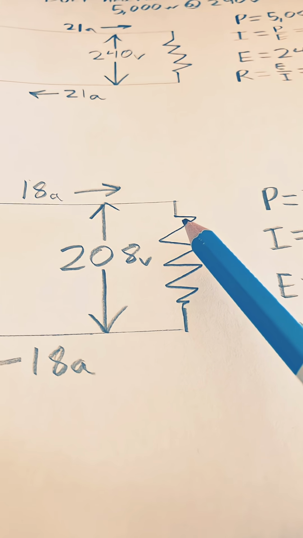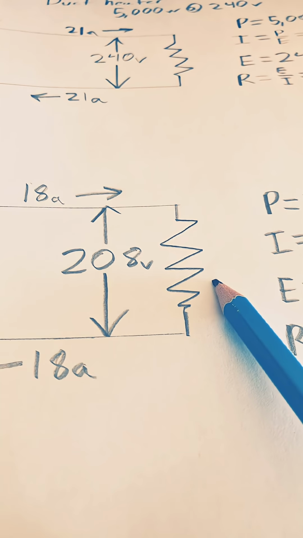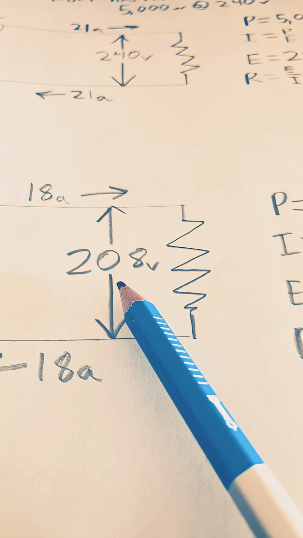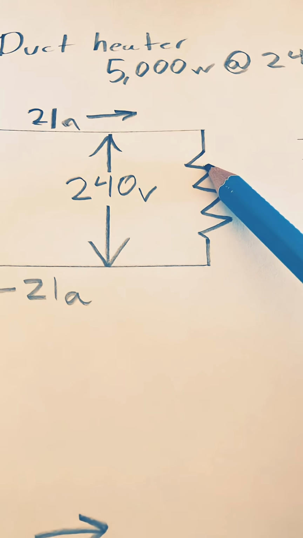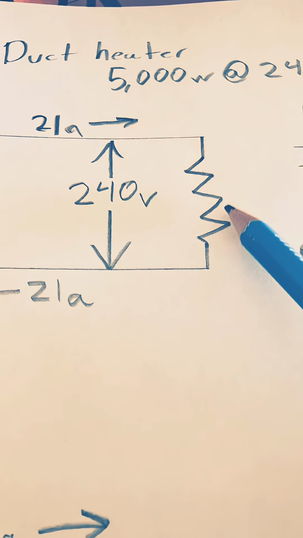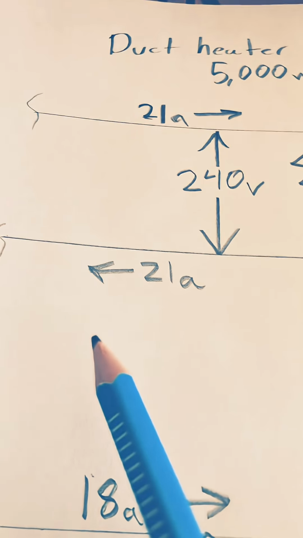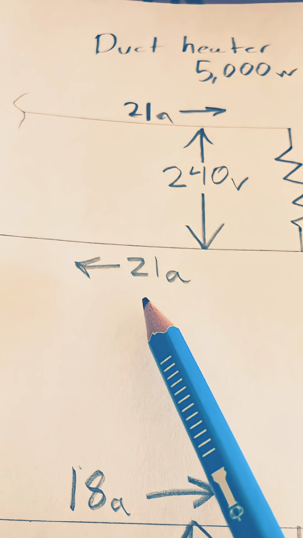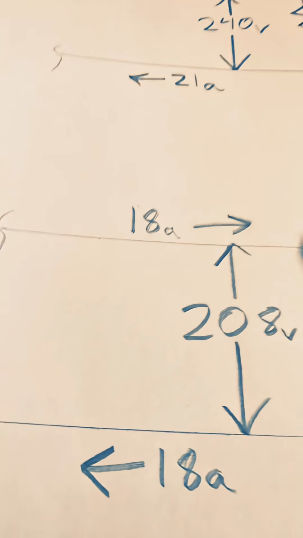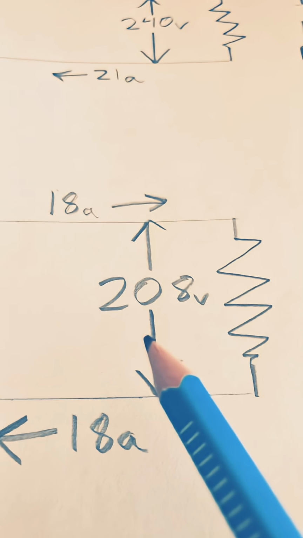That is because the resistance is fixed regardless of the voltage. Similar to the 240 volts, the resistance still remains the same. However, the current is decreased from the 240 volts to the 208 volts.